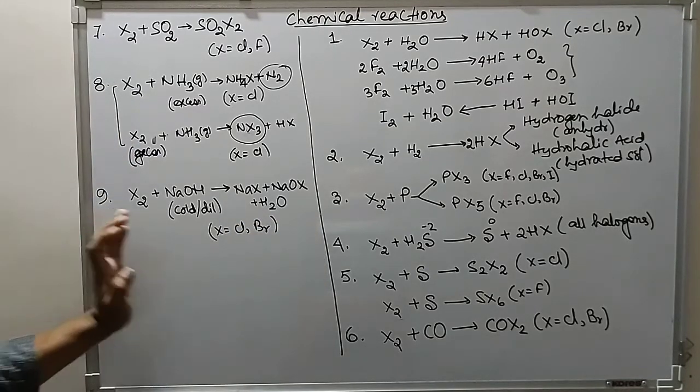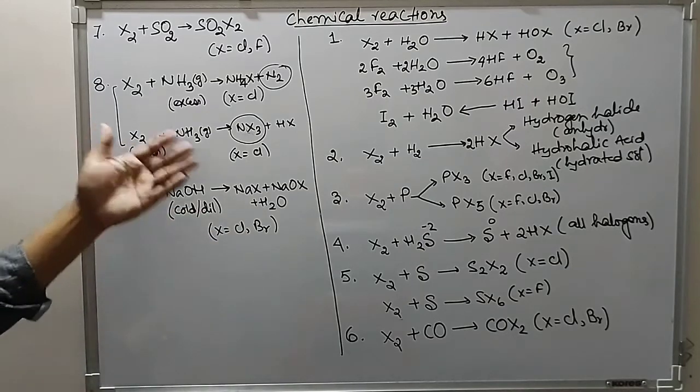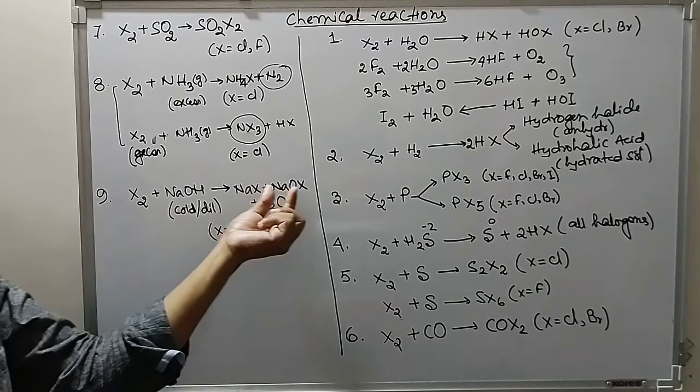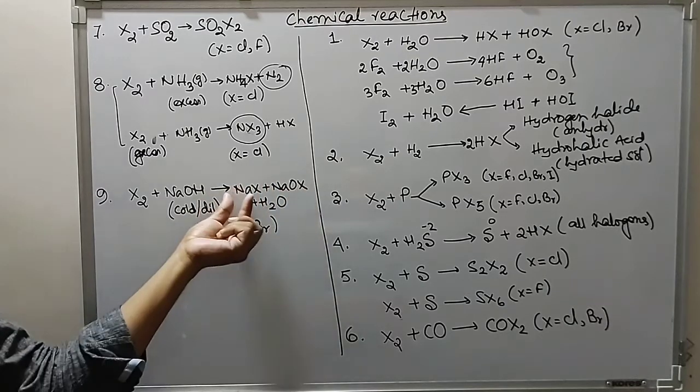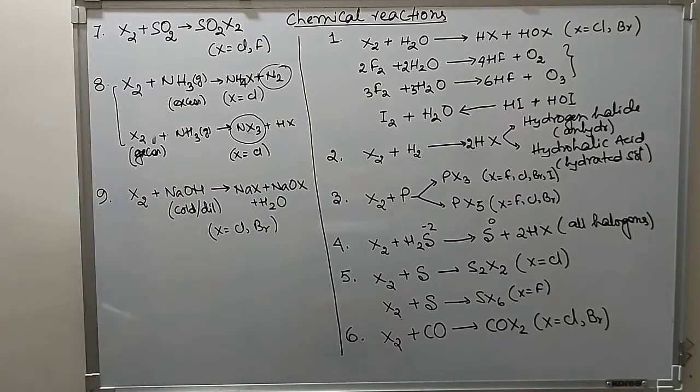So chlorine and bromine react with sodium hydroxide to give sodium hypohalide and sodium halide.